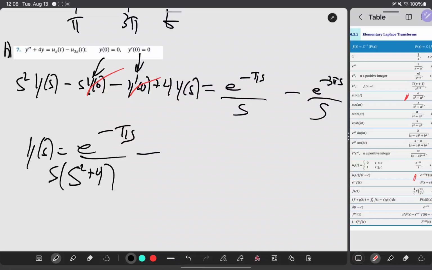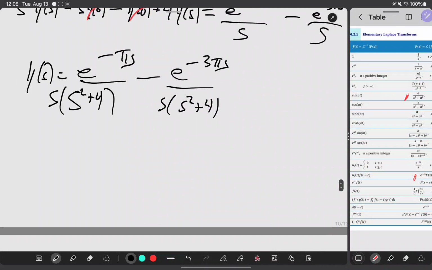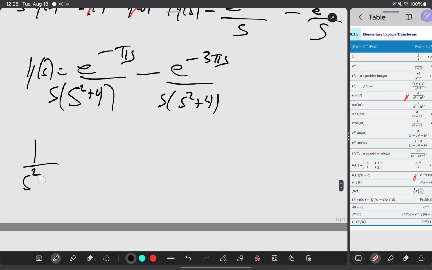So another partial fraction decomp. And you can actually simplify the partial fraction decomp for this one. I'll show you what I mean by that. I'm thinking ahead here. You can look at just 1 over s times s squared plus 4. You can worry about the e to the pi s whatever later.